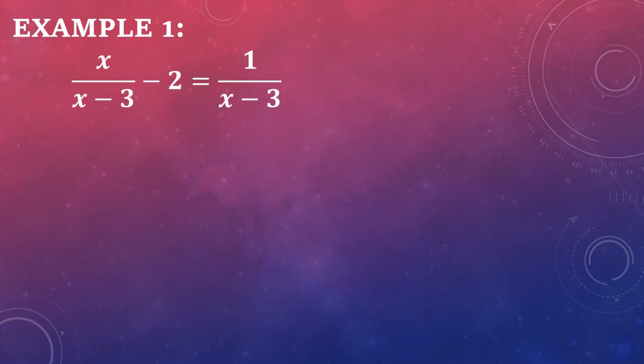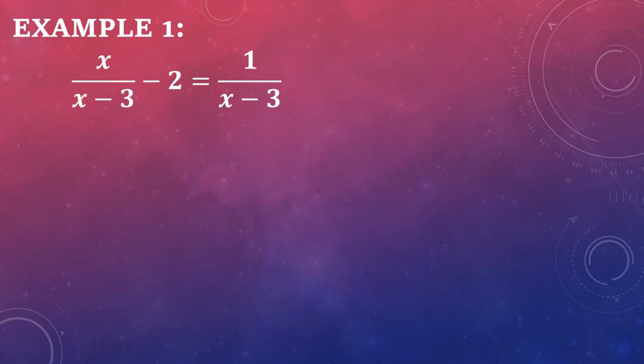First example, we have x over x minus 3 minus 2, which is equal to 1 over x minus 3. There are different ways or methods to solve a certain equation. First, you can use the LCD or the least common denominator. Second, you can do cross multiplication.